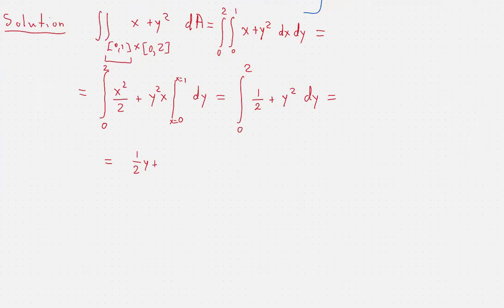So this will give us 1/2 times 2 plus 2 cubed, which is 8 over 3. So this will be 1 plus 8 over 3, which is 11/3. And of course, we omitted the minus the 0 part. And that's the final answer, and that completes the computation of our double integral.